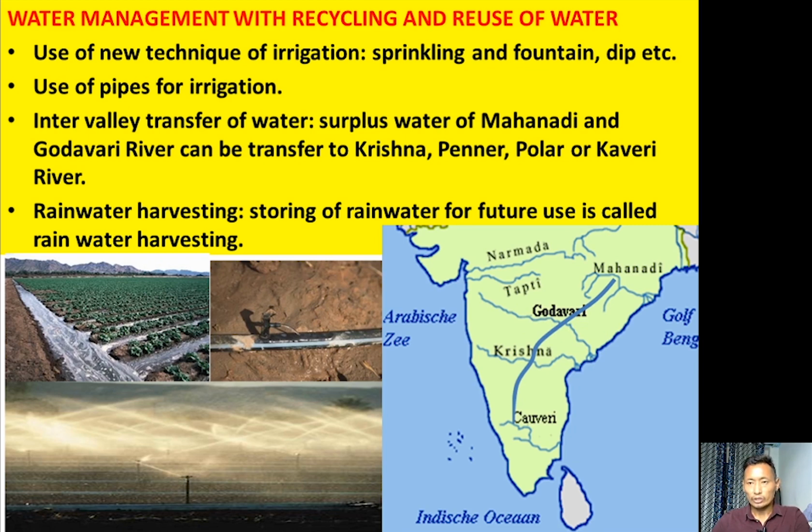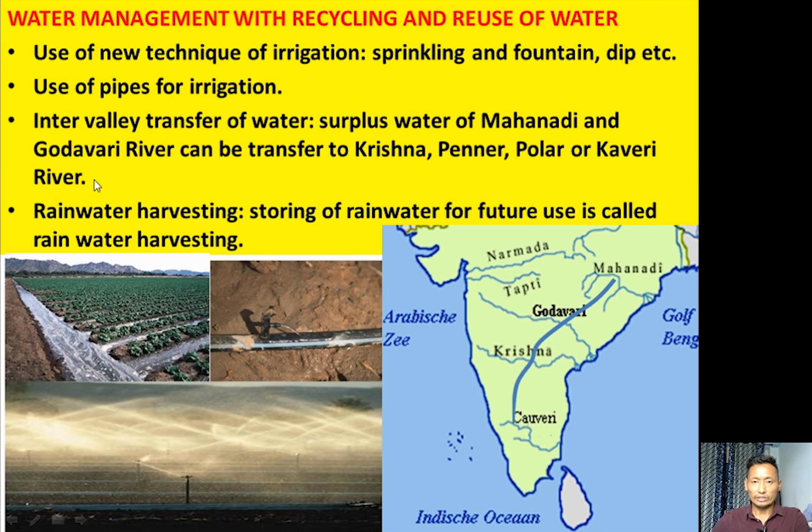So we can transfer the surplus water from Mahanadi and Godavari to other rivers such as Krishna and Kaveri before it is discharged to the sea, and we can use this water for more economic uses.